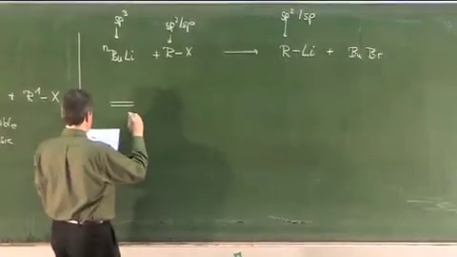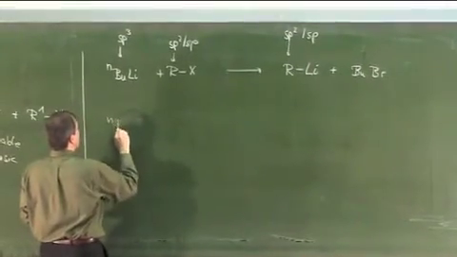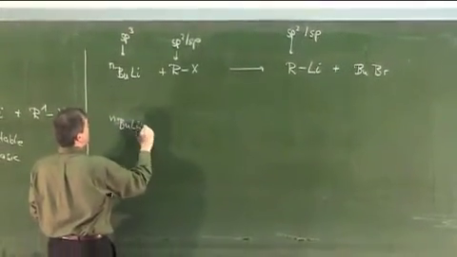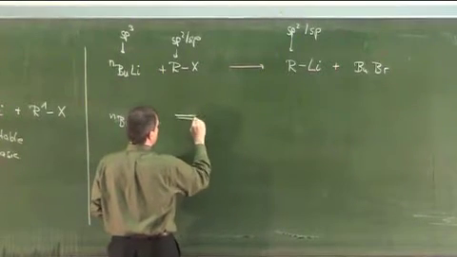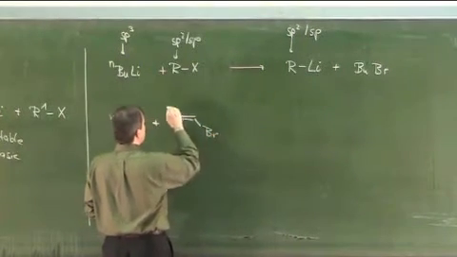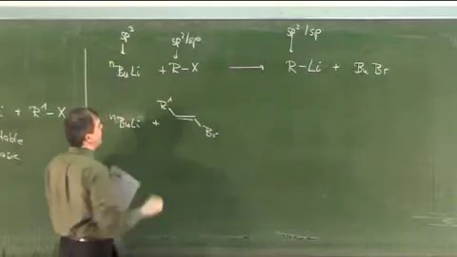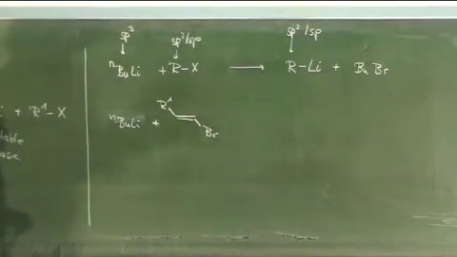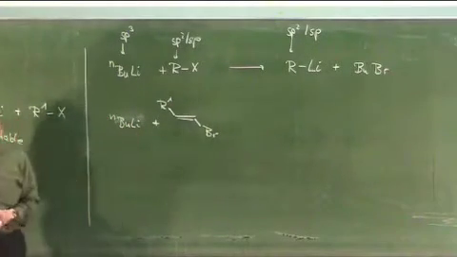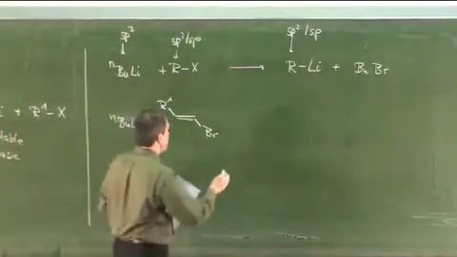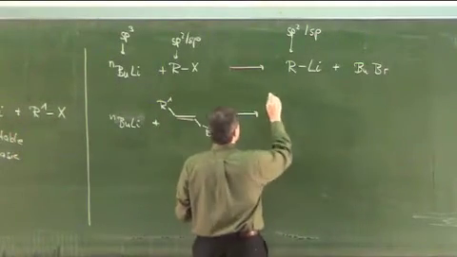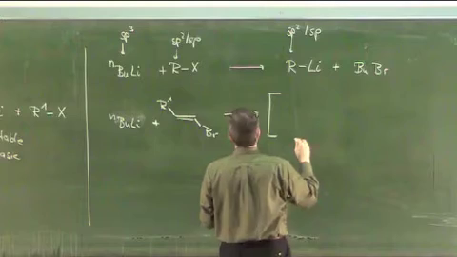So if you start with butyl lithium and take an alkenyl halide, then your reactivity should be okay. And indeed, the metal halogen exchange is rapid.